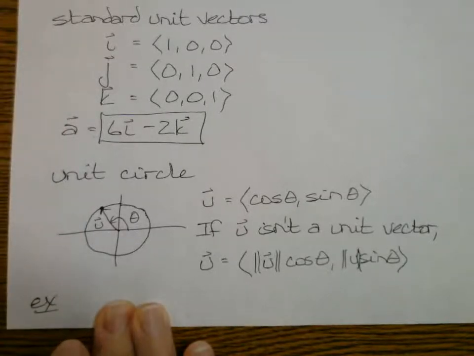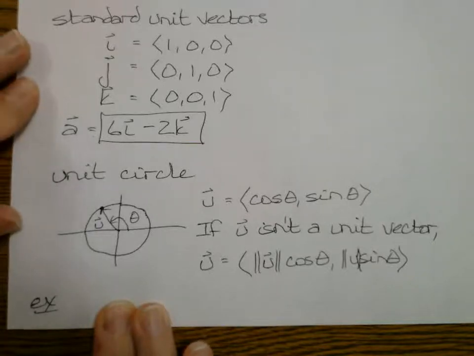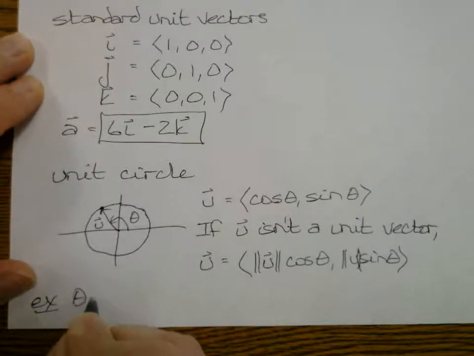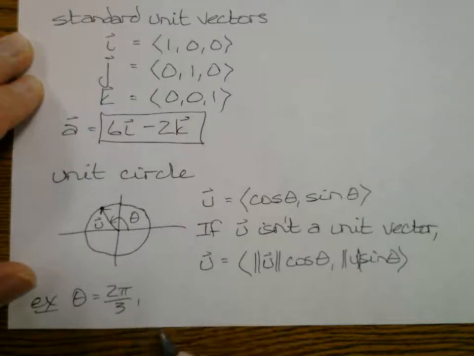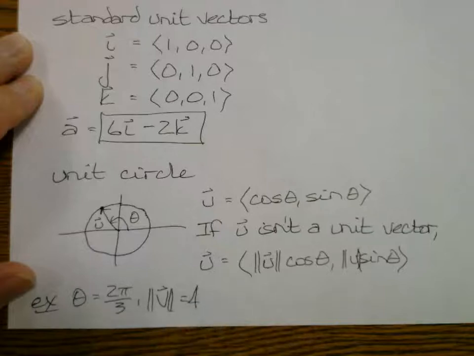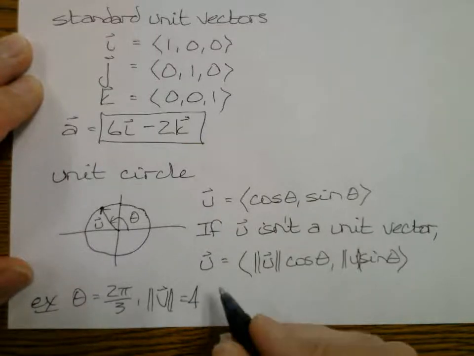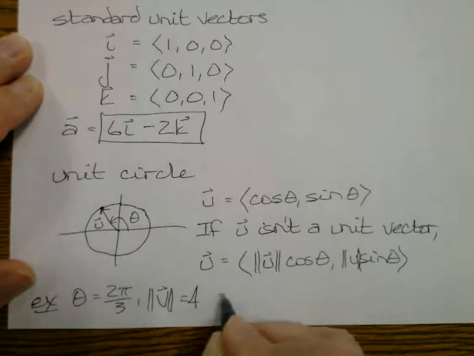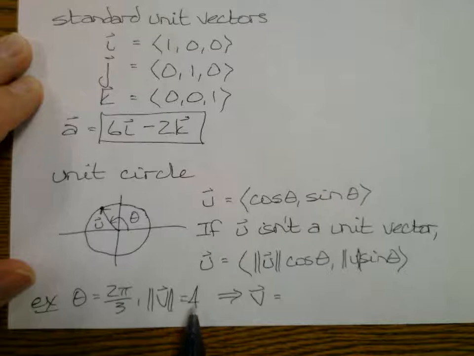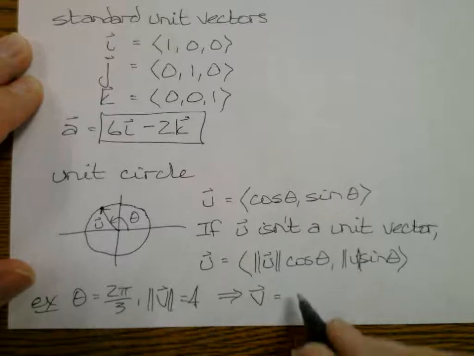So for example, if I know that my vector has a magnitude of 4 and an angle of 2 pi over 3, I can write the component form of this vector by multiplying the magnitude by the cosine and the magnitude by the sine.